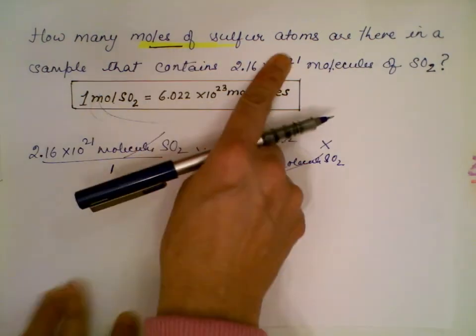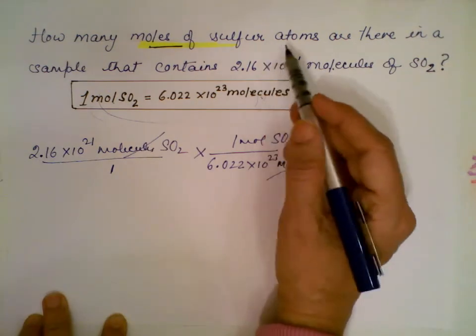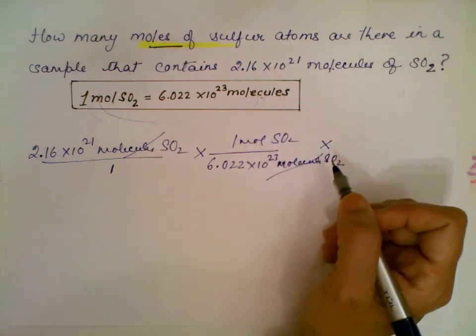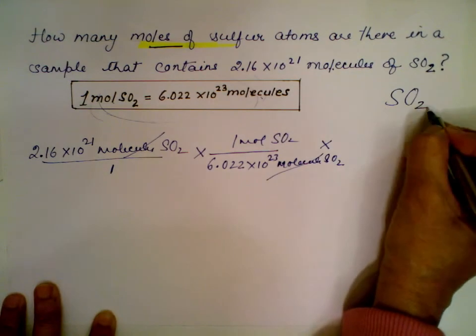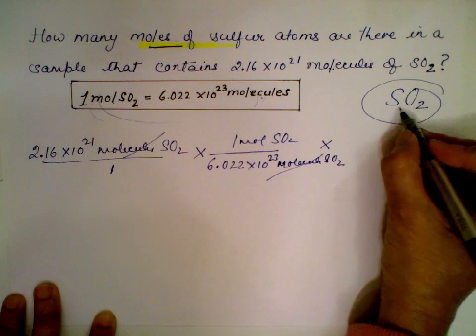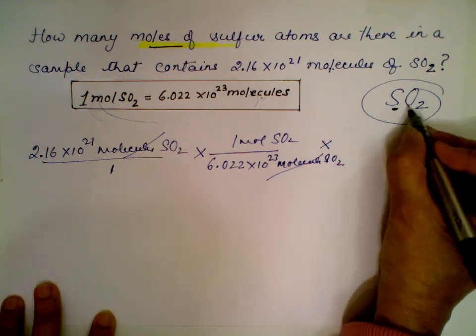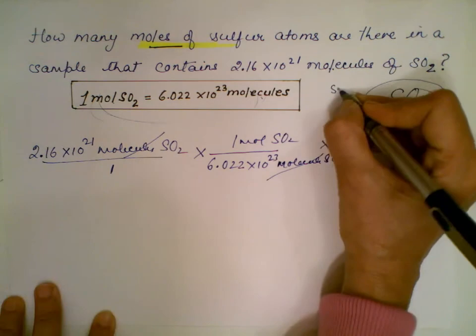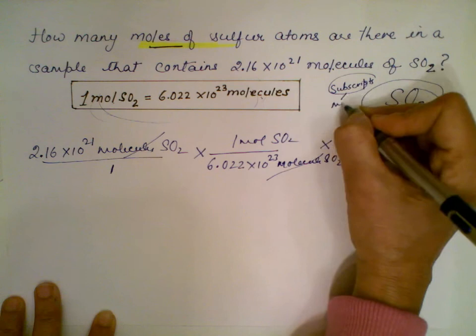But we are not going to stop here because they're not asking you to find the moles of sulfur dioxide. In fact, they're asking you to find the moles of sulfur. So we need another ratio here. Let's look at SO2 and look at the subscript. Sulfur has no subscript, and oxygen has 2. Subscripts tell you the number of moles.